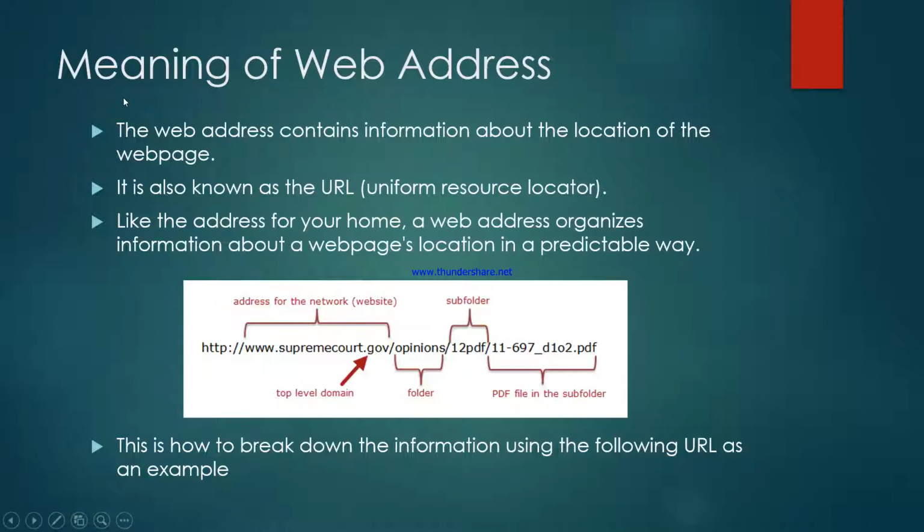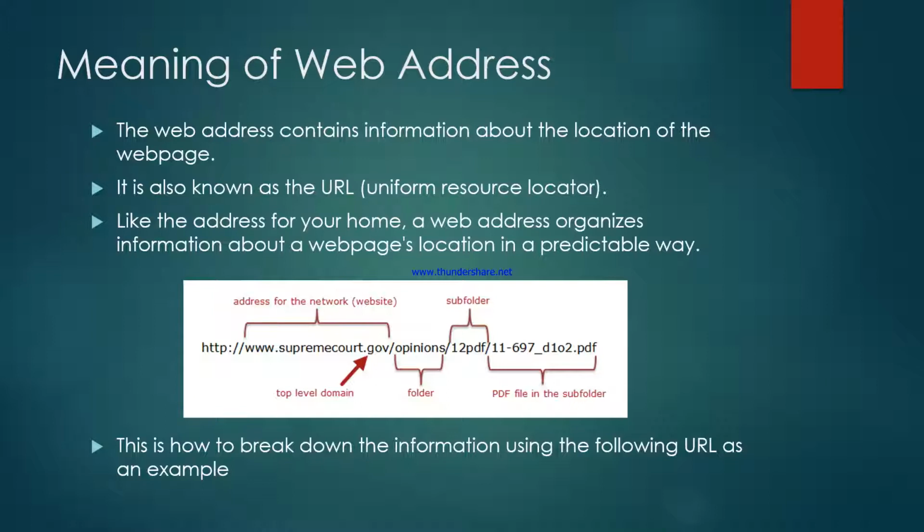First of all, we are going to discuss the meaning of web address. The web address contains the information about the location of the web page. It is also known as the URL. URL means Uniform Resource Locator, like the address of our home, our offices, or other destinations.